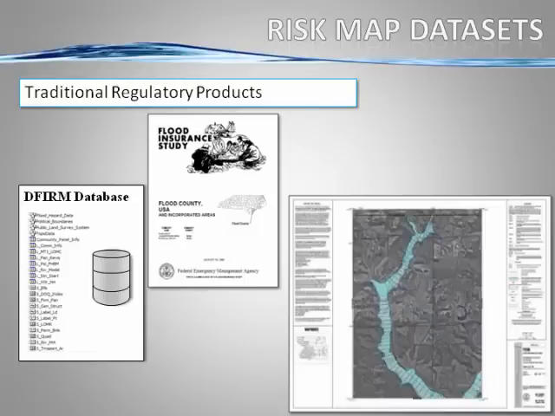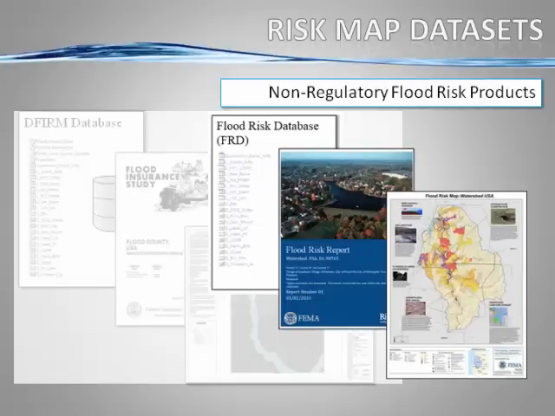Now, when risk map came out, these are what are considered regulatory products. These are what come from FEMA doing flood insurance studies. Now, risk map provides non-regulatory flood risk products. So they're not regulated by the federal government, but they're products that are being implemented to convey risk to your town and to the public.